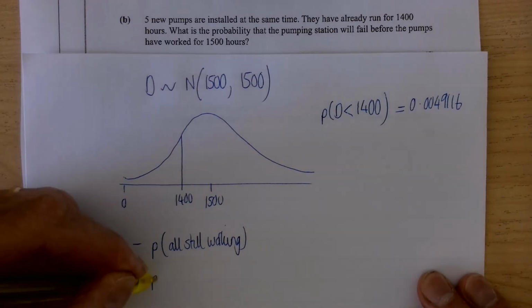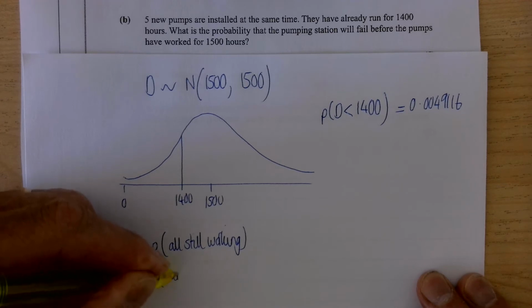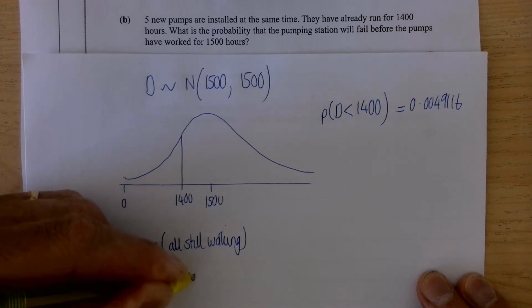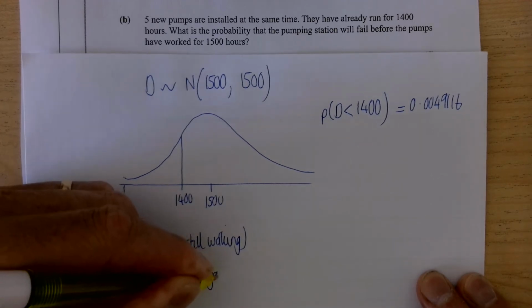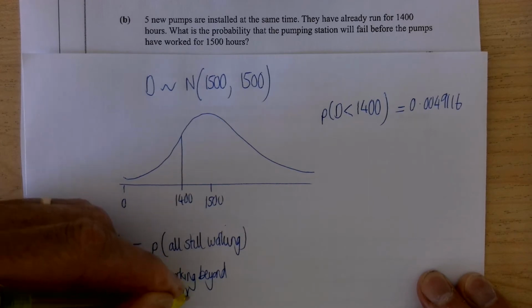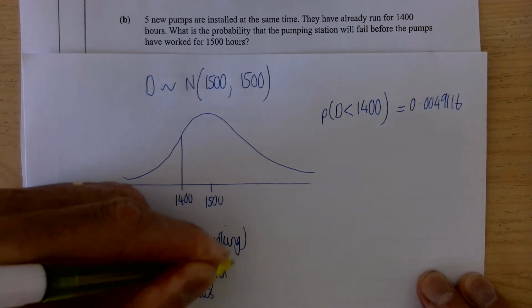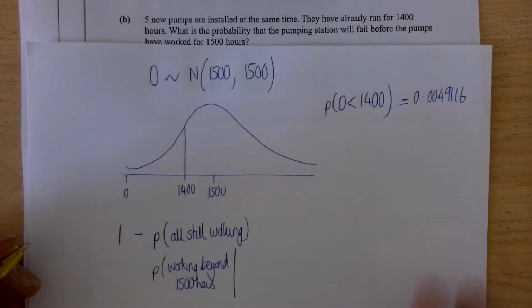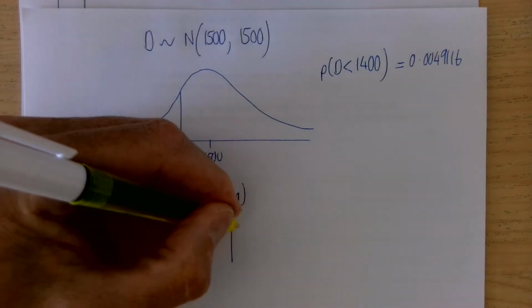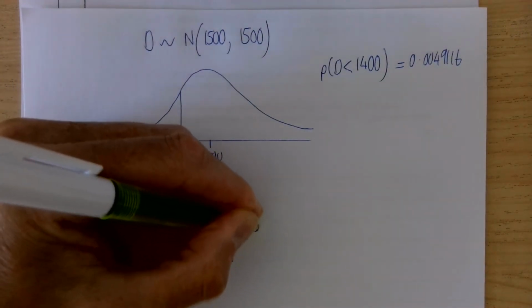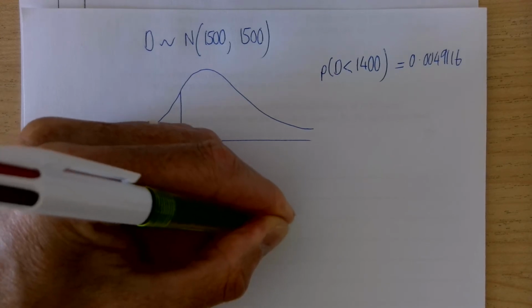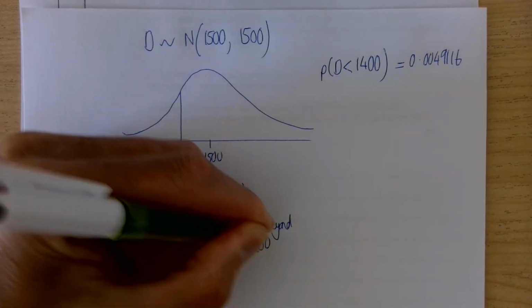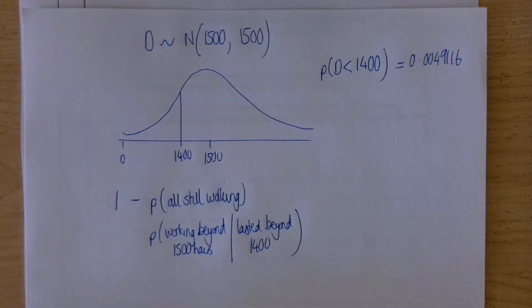The probability that one pump is working beyond 1500 hours, given that it had already lasted beyond 1400 hours, that's the probability that this one pump lasts as long as I want it to.